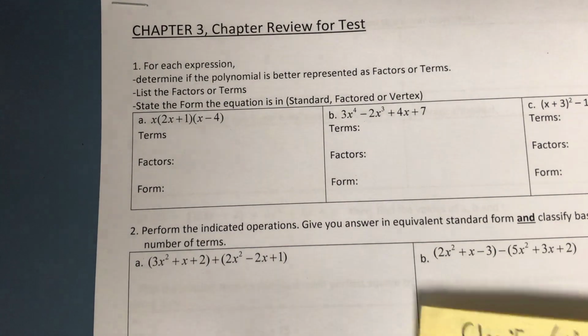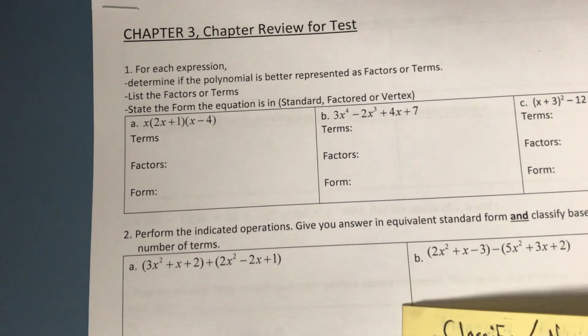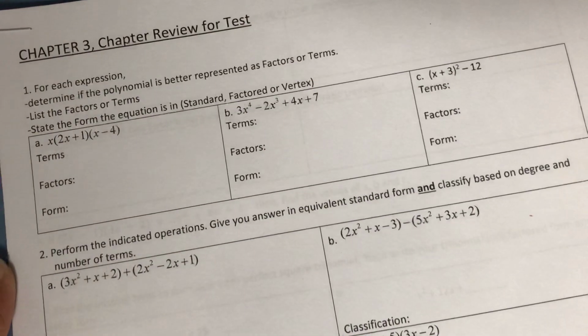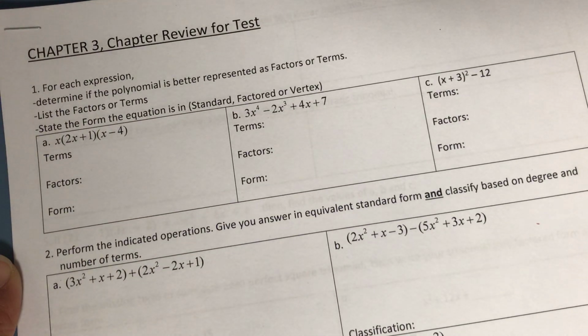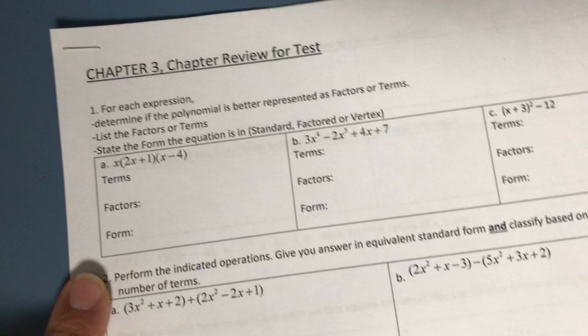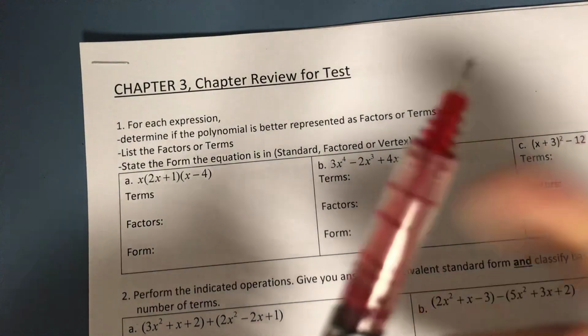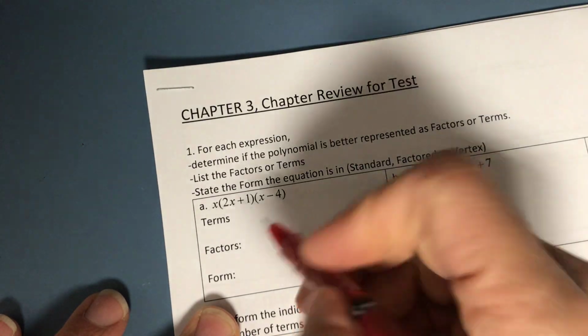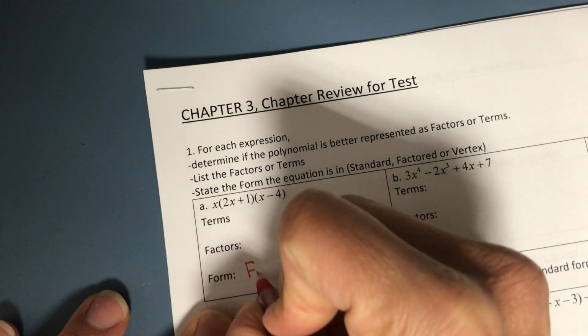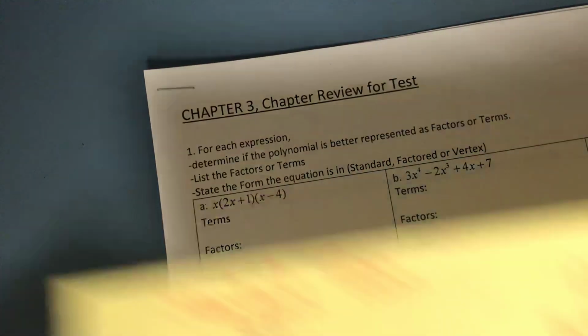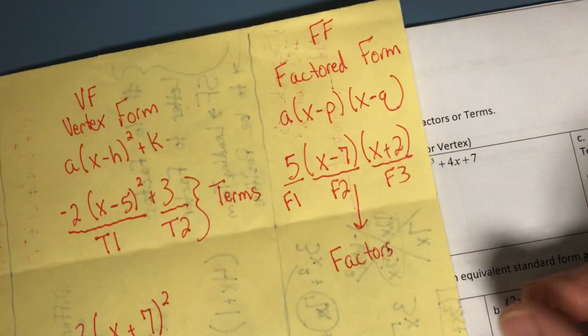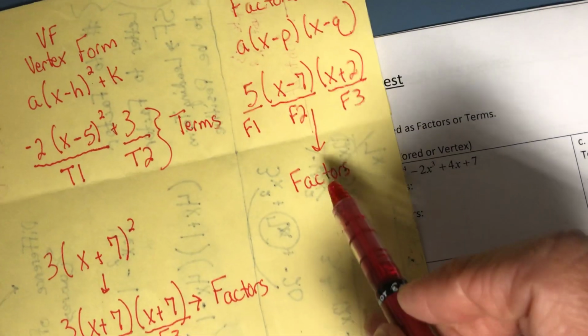For each expression, we're going to determine if it's better represented as factors or terms. Just so you know, we kind of mentioned that on the back. We're going to list them, and then we're going to state what form it's in. So I'm actually going to start with the form. The first one is in factored form. If you look on the back of your flip book, when we said something was in factored form, that it best showed things as factors.